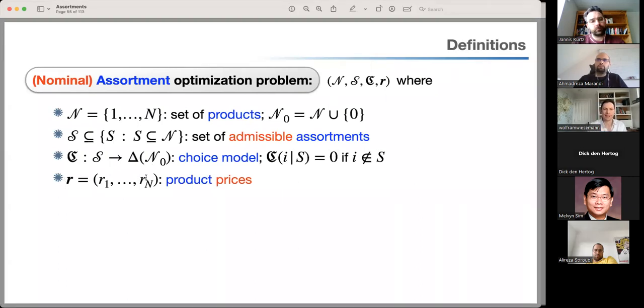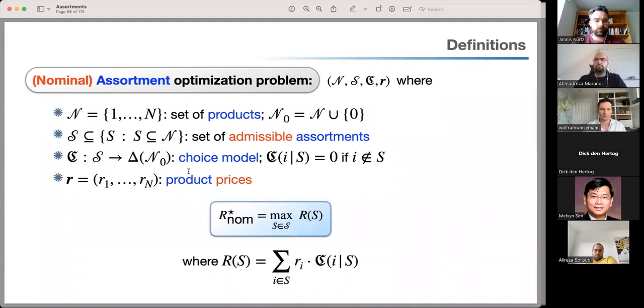And then finally, we have the vector r of product prices if we want to maximize expected revenues. r could also be the product profits if we want to maximize the expected profits. The nominal assortment optimization problem chooses an assortment S from the set of admissible assortments that maximizes the expected profits, where the expectation is taken with respect to the choice model.